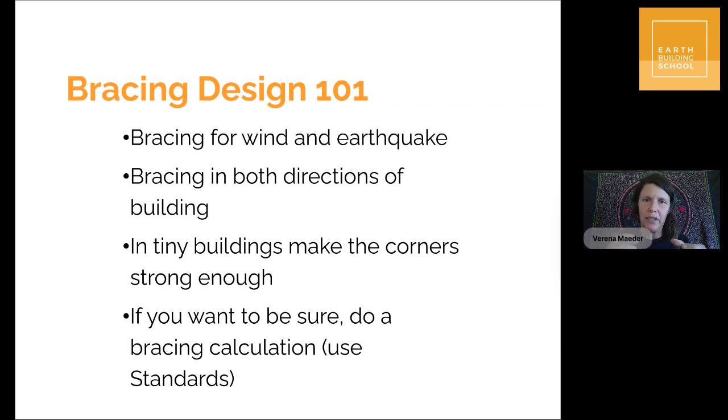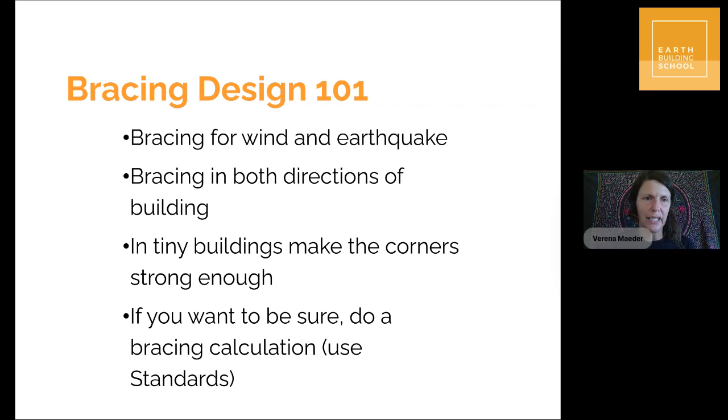For tiny buildings, it really means that you have to make the corners at least strong enough. So strong corners. That also translates to bigger buildings, but in bigger buildings, the bracing design is a little bit more complicated. In bigger designs, you actually have to do a bracing calculation and check all the walls in each direction and make sure that there's enough bracing in each direction.